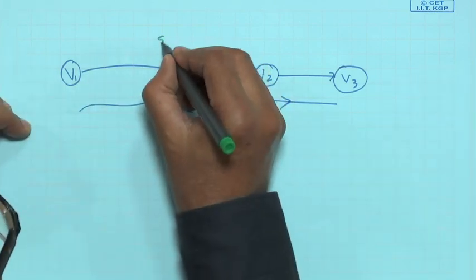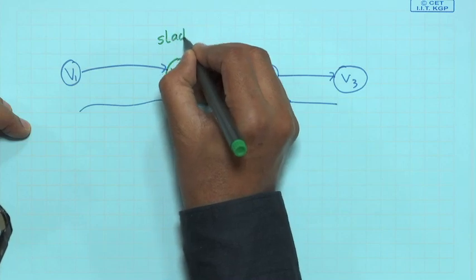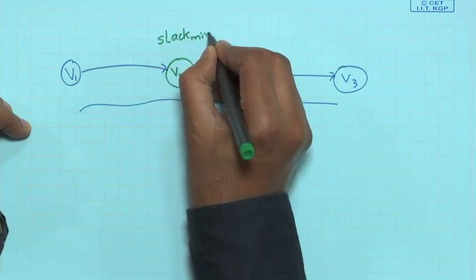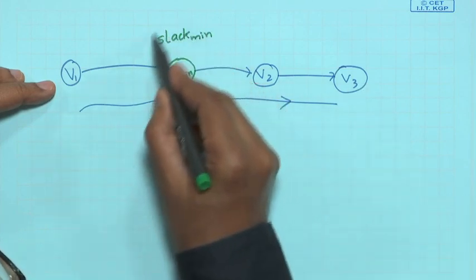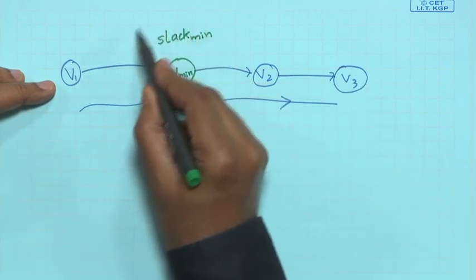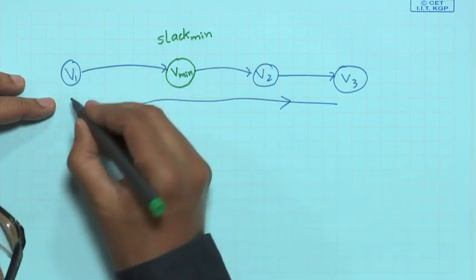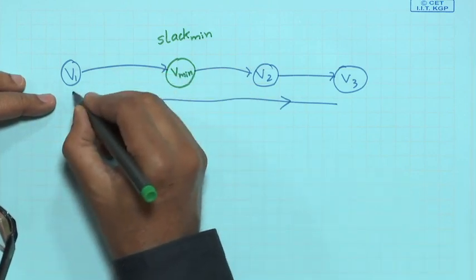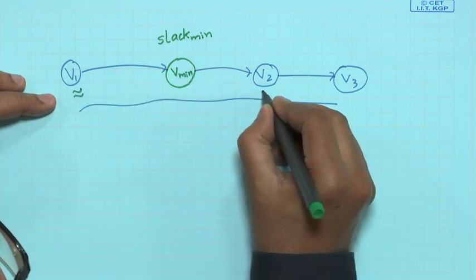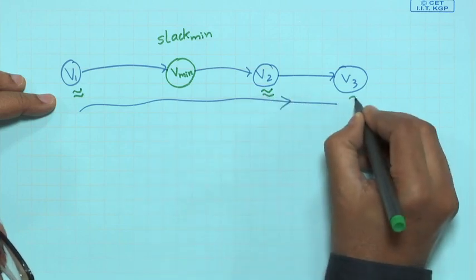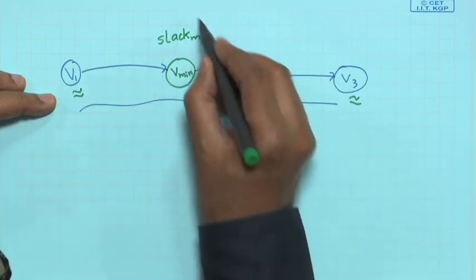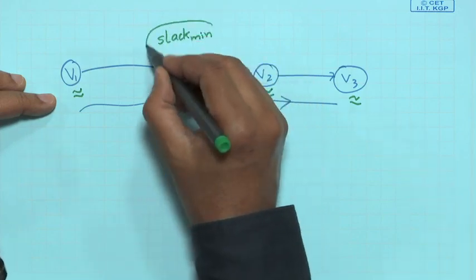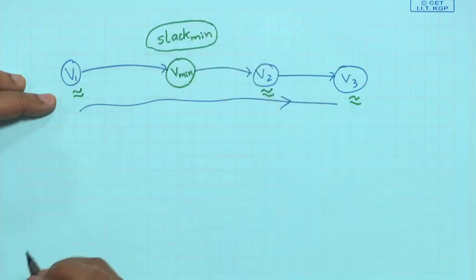So, I call it slack min. What I am saying is that this path is dominating the value of slack min. What is the meaning of this dominating? It means if we make any changes in the delays here or here or here, either in the delay of the nets or the vertices, then slack min will also change. This means dominating.